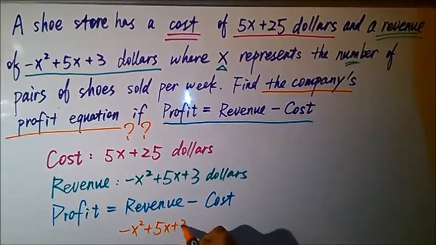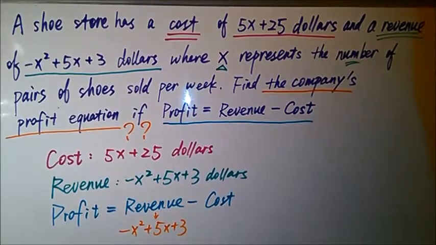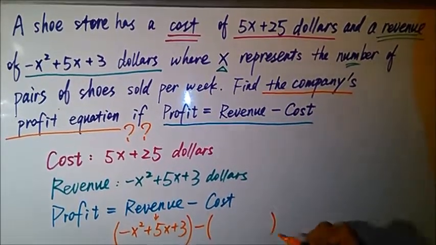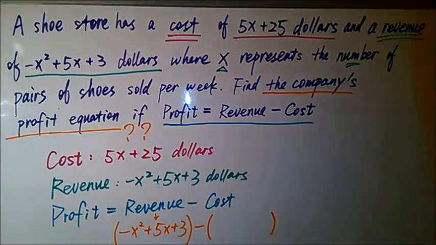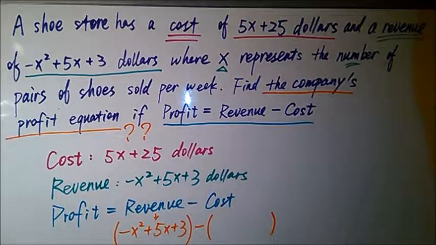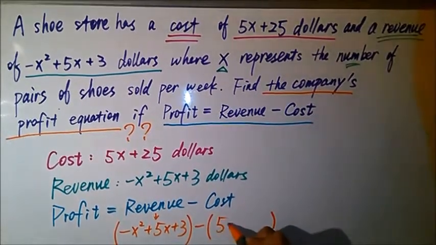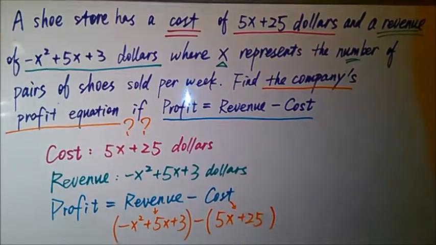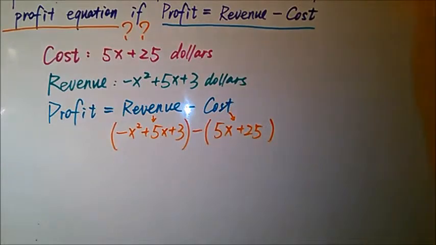Revenue is negative x squared plus 5x plus 3. And let's plug in cost, and remember, there's a negative sign there. Whenever we plug something into another term, we open up parentheses around it and put in the given term. So let's put in cost, which is 5x plus $25, and it equals the profit.